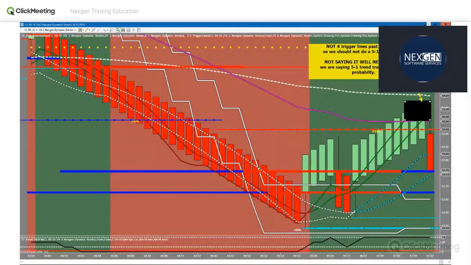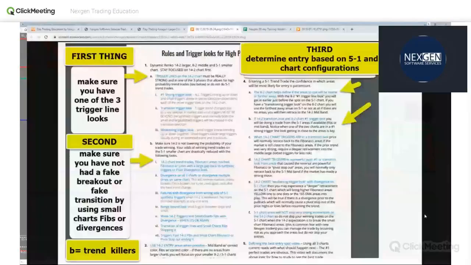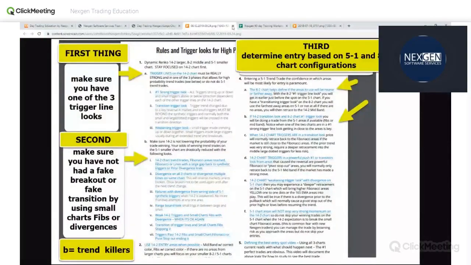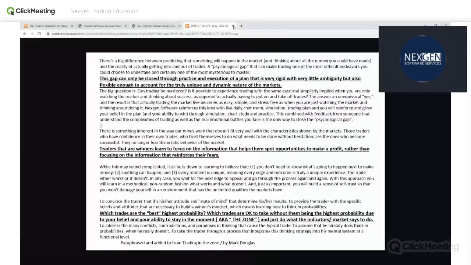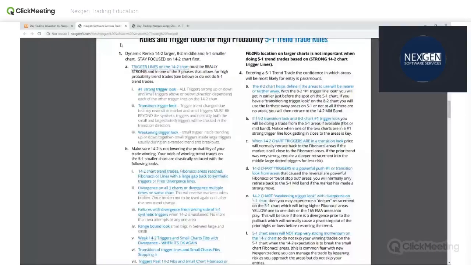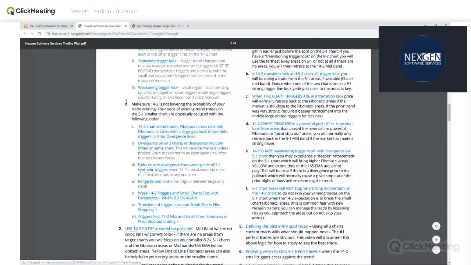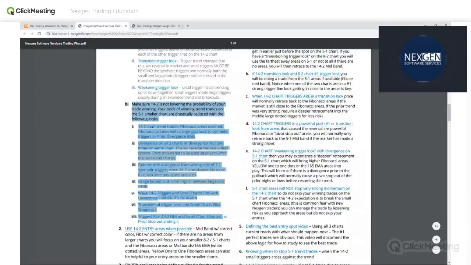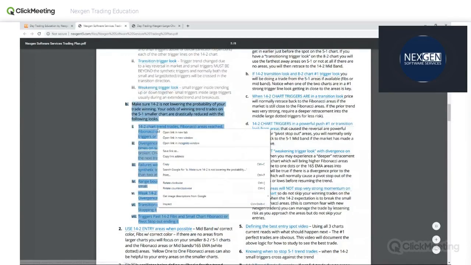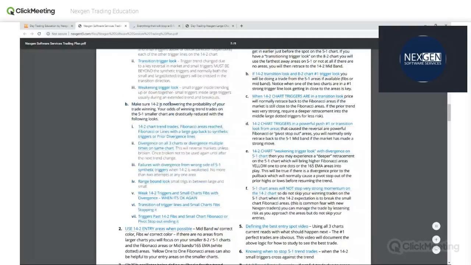And it's not that we'll never go up. The rules say, and I always like to refer back to the rules, but watch. The rules say, bear with me. And remember, this is the B section. The B section is the things that could hurt your trade, and it lowers the probability of a 5-1 trend trade.